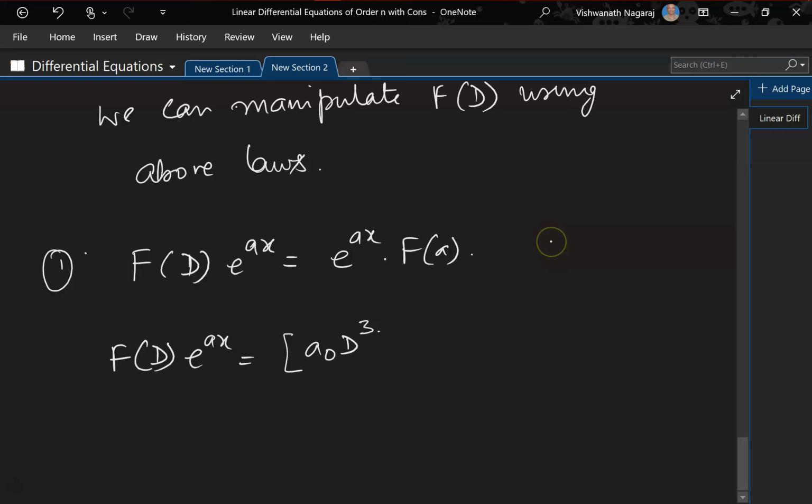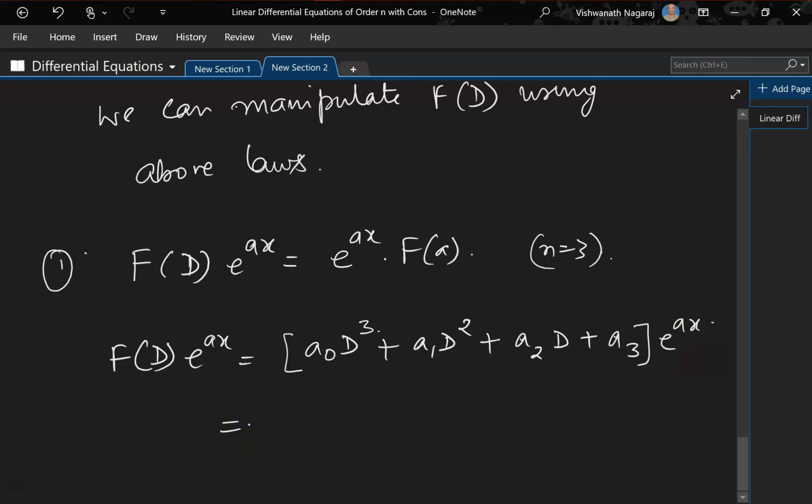Let us say we are talking of n equal to 3. By just putting different values of n and expanding it accordingly, we can prove it for any n. So here we are taking it as 3: a naught D^3 plus a1 D^2 plus a2 D plus a3, times e to the power of ax.